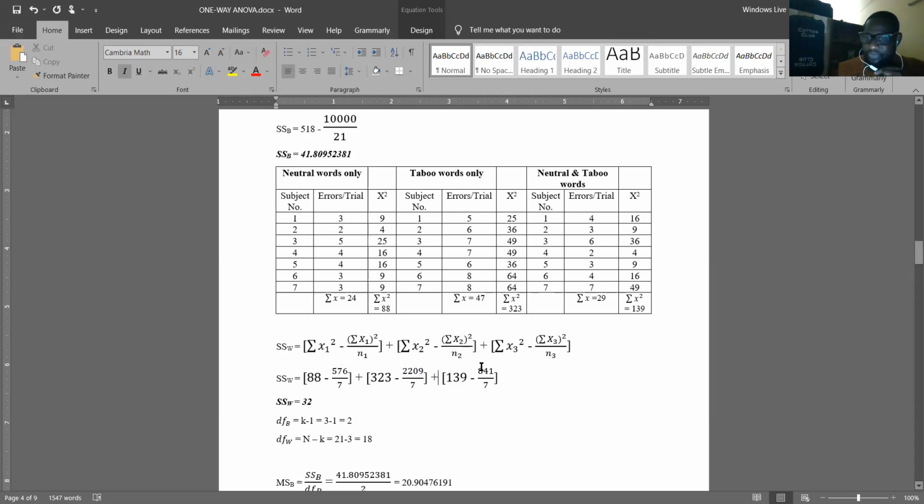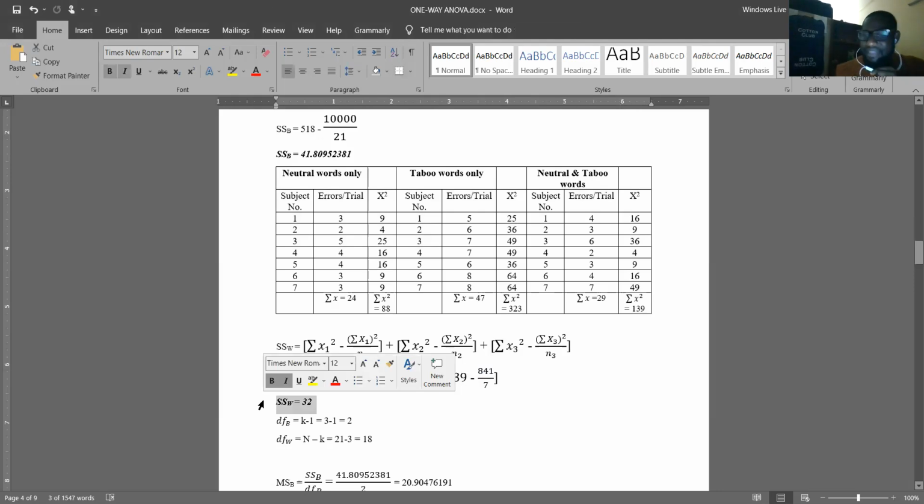Then plus 139, minus 29 squared, which will give you 841 over n3, which is 7. And when you solve, you are supposed to get a value of 32.